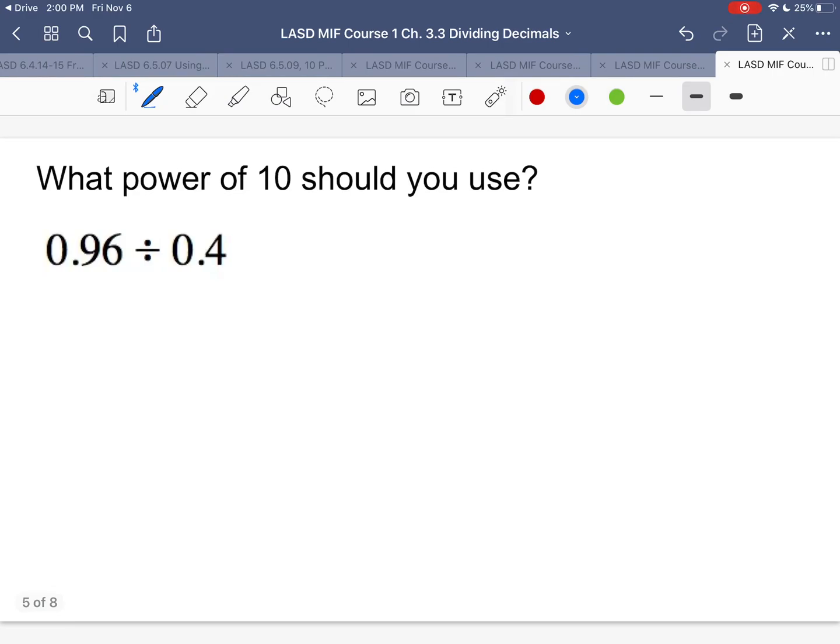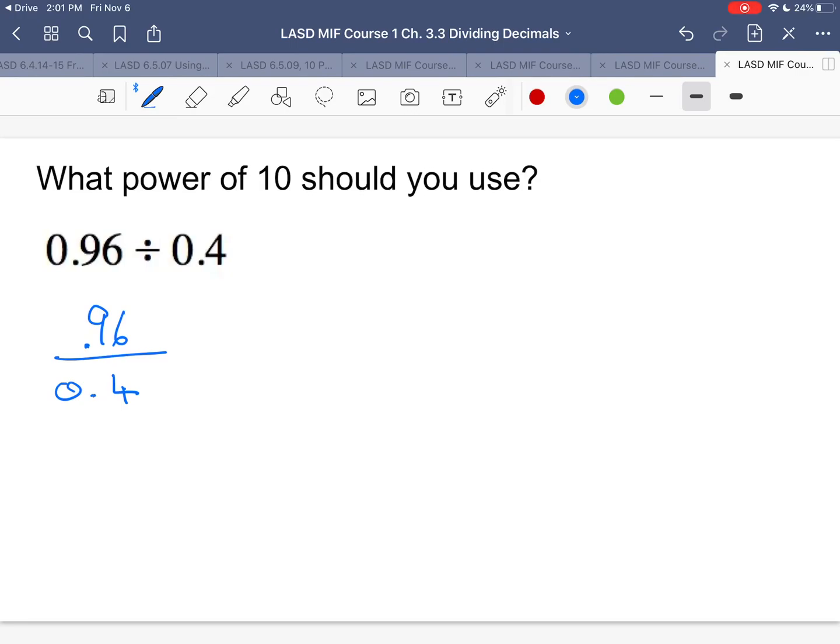Now, which power of 10 should you use? Here we have 0.96, which has 2 decimal places, divided by 0.4, which has 1 decimal place. That means there's one number to the right of the decimal point. So let me write it with a dividend and a divisor.